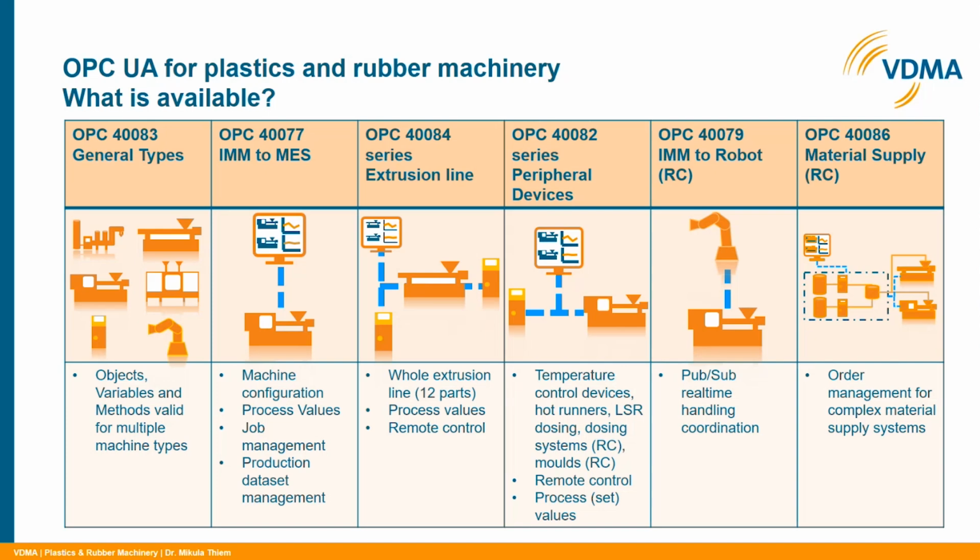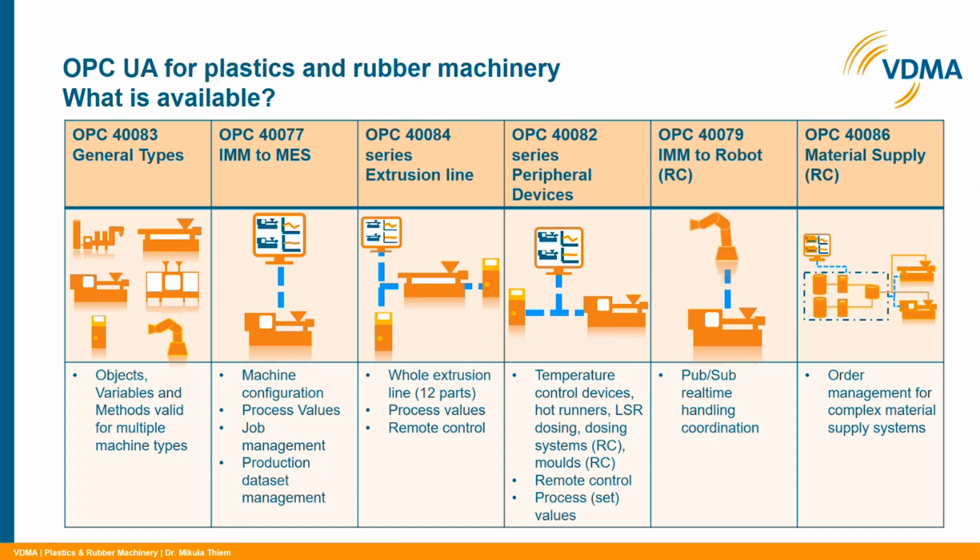Then we have another specification series, the 40082 for peripheral devices. And there we will have a detailed look in a few minutes into that. And then there are two specifications in release candidate state. One is the 40079 injection molding machine to robot.